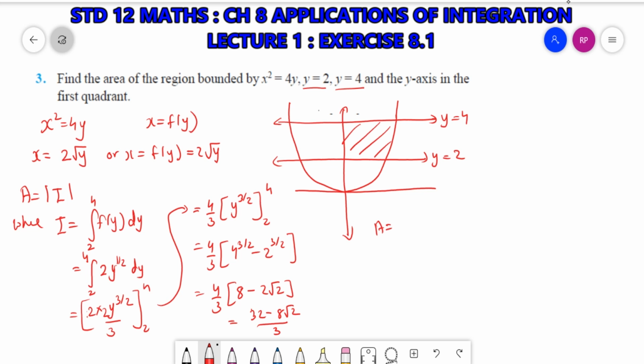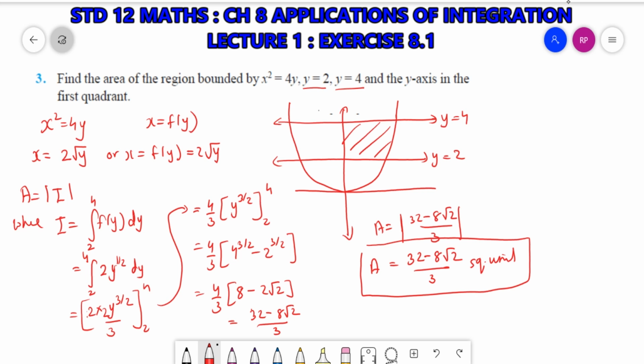Area is equal to modulus of 32 minus 8 root 2 upon 3. Now again 8 root 2 is lesser than 32, so this will be positive. So this will be equal to 32 minus 8 root 2 upon 3 square unit. So this will be the area.